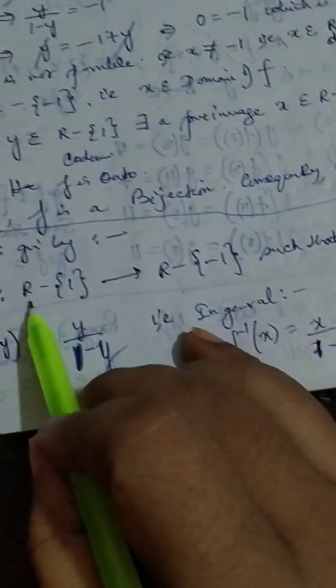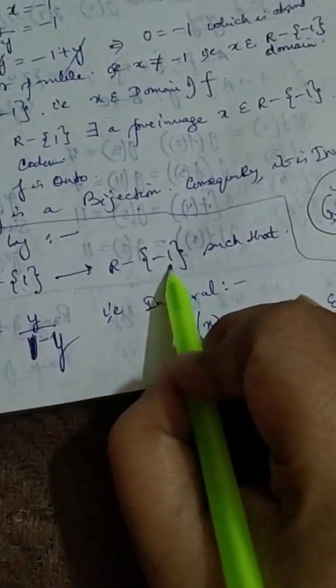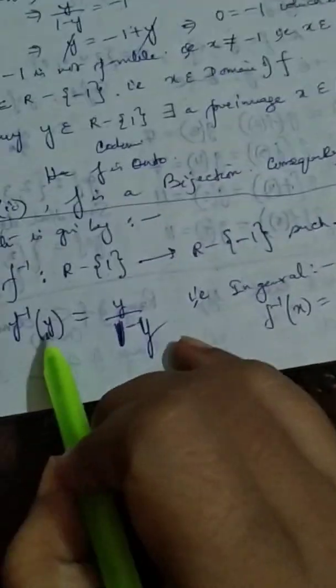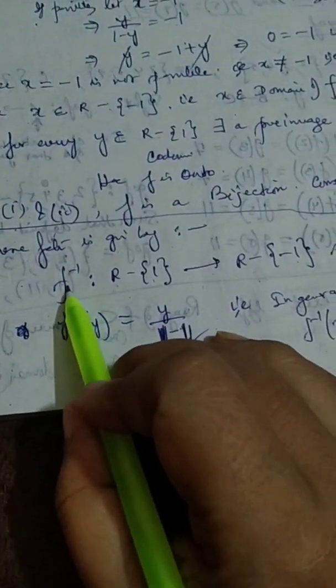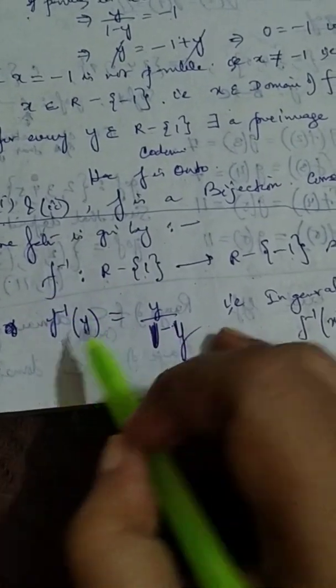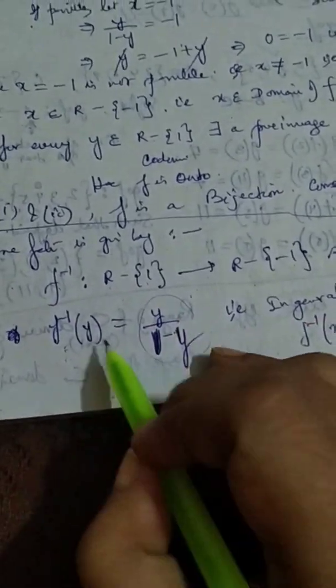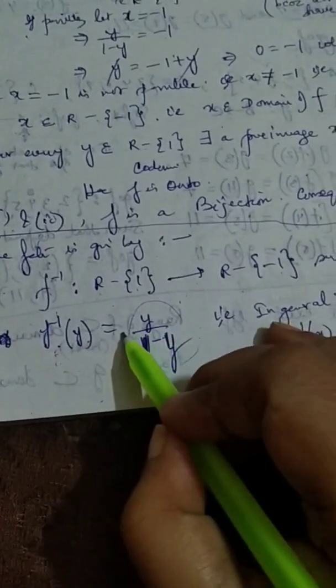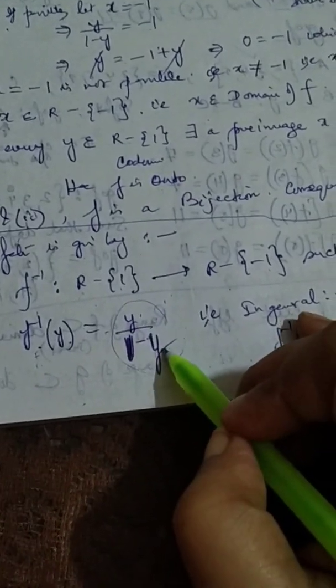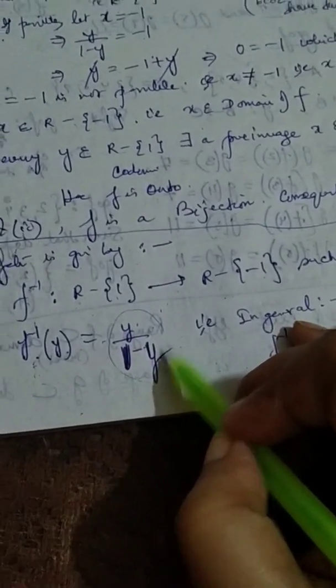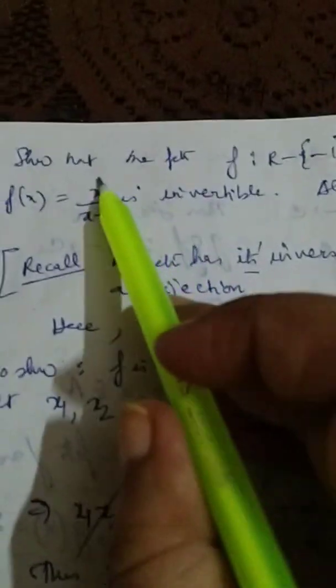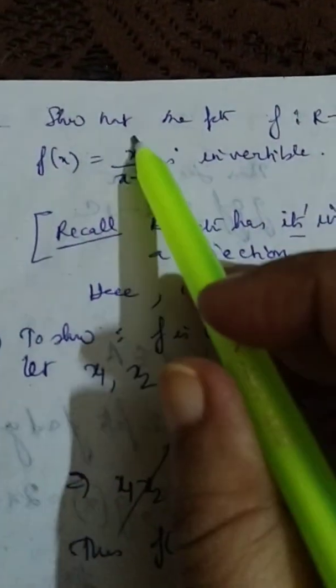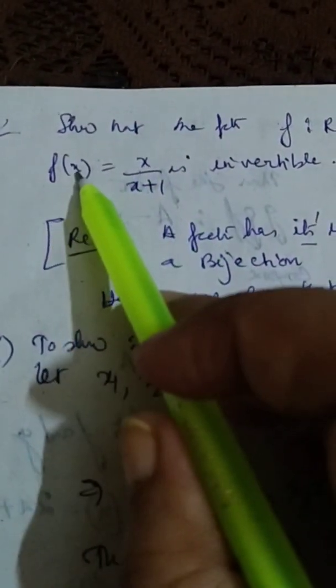So it is a mapping from R minus 1 to R minus of minus 1, which satisfies the expression that we cannot write f now, we have to write f inverse, and since it is an expression in y, we are writing f inverse y is equal to y by 1 minus y. Just like we have f(x) is equal to this, when we are writing the right hand side as an expression in x, the left hand side has to be f(x).